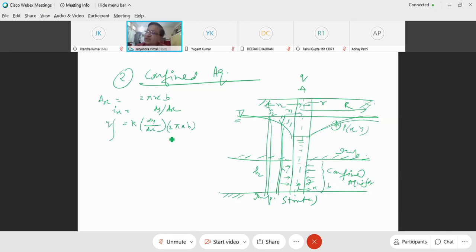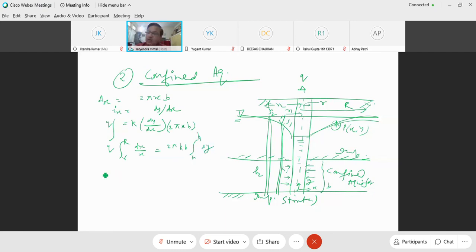Dx upon x will come here. Q, integral from small r to capital R dx upon x, will be equal to 2 pi kb, integral from small h to capital H dy.